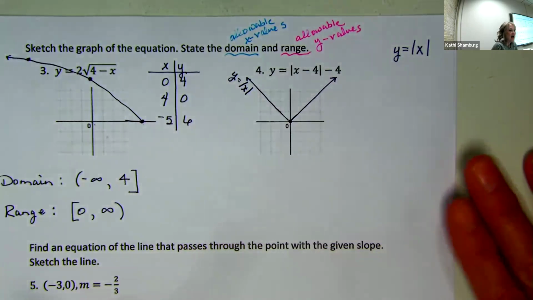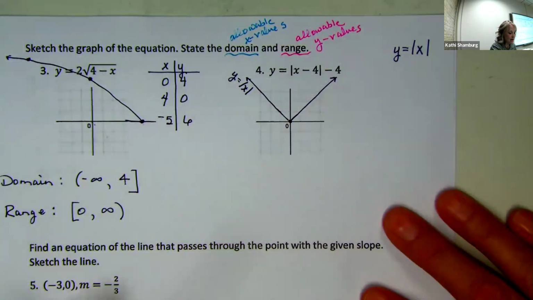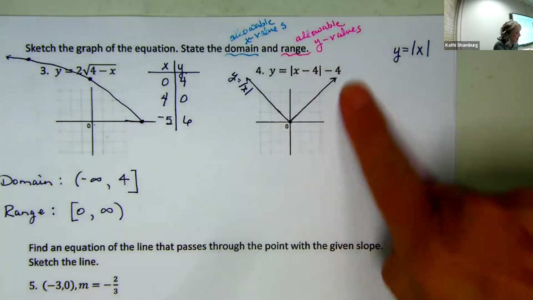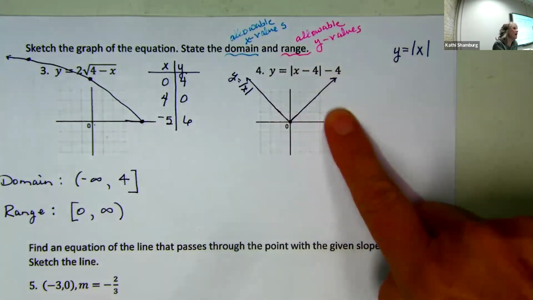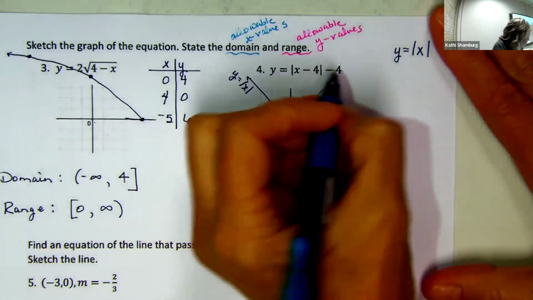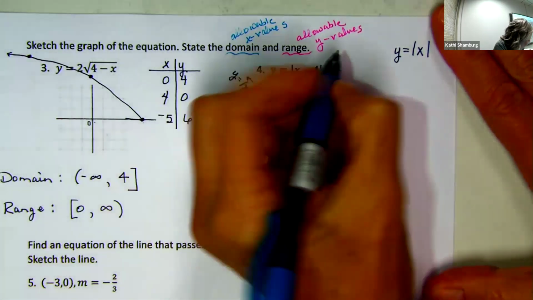Okay? Now, instead, this V shifts either left or right, up or down, and it's all based on this right here. Let's start with the one that is outside the absolute value.